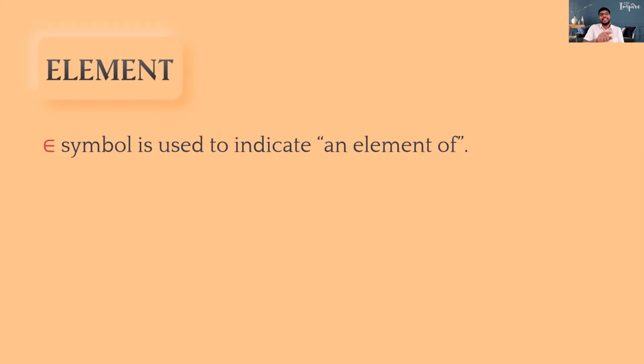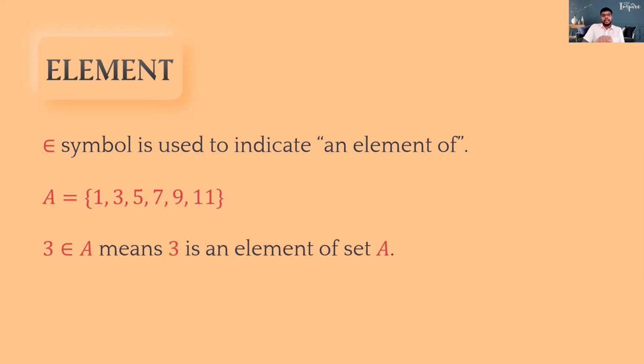This E-like symbol is used to indicate an element of. For example, if this is set A, the same set that we used earlier, 3, and this symbol, A, means that 3 is an element of set A. That's how you say that 3 is an element of set A.